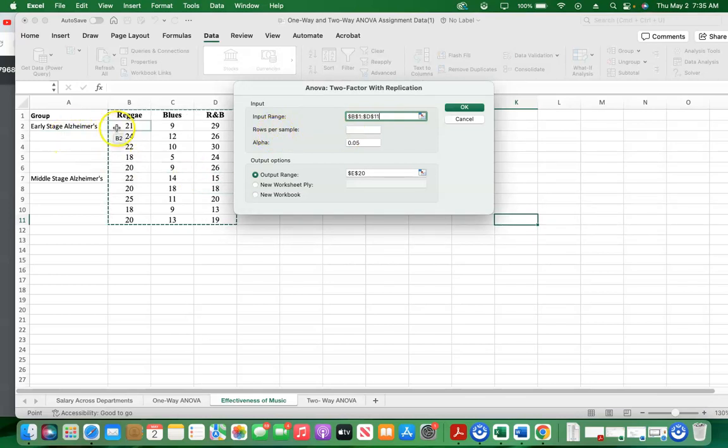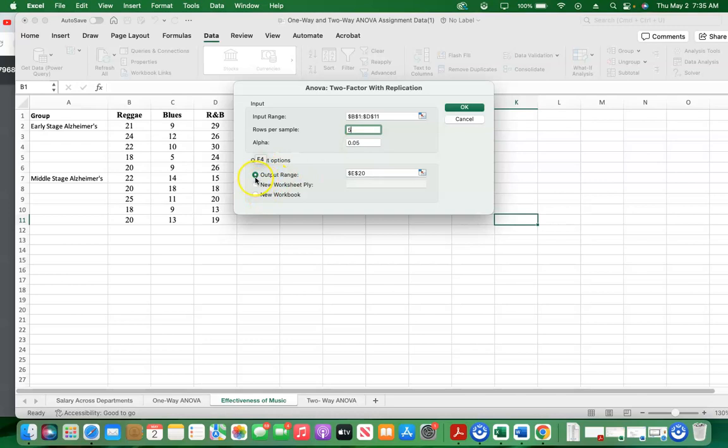So for the early stage, we have 1, 2, 3, 4, 5. Those are the 5 rows. And for the second one, we have 1, 2, 3, 4, and 5. So we have the same rows, and for each sample, we have 5 rows. We are going to consider alpha, which is 0.05, or the 5% significance level.